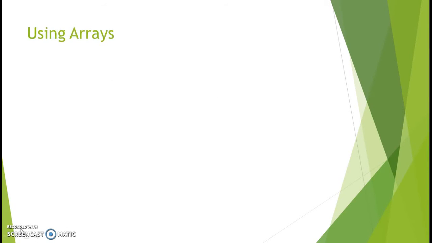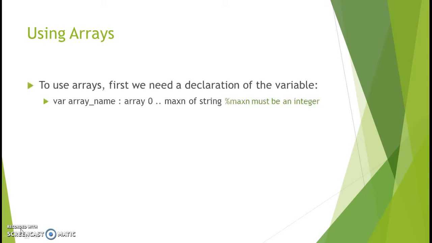So what is an array? Essentially, an array is a variable that has the same name for a whole series of different positions. So the actual identity of the value is denoted by the variable name plus the position.